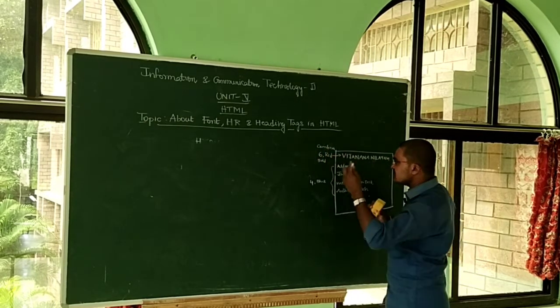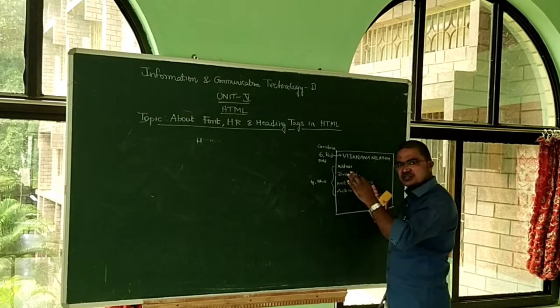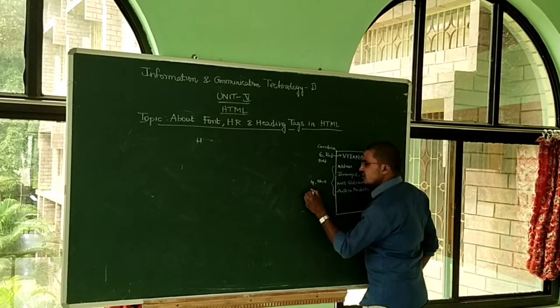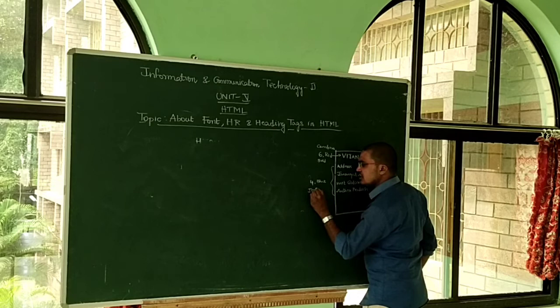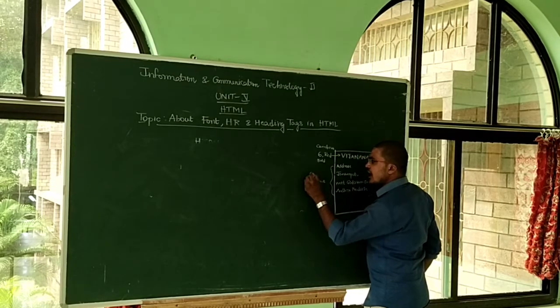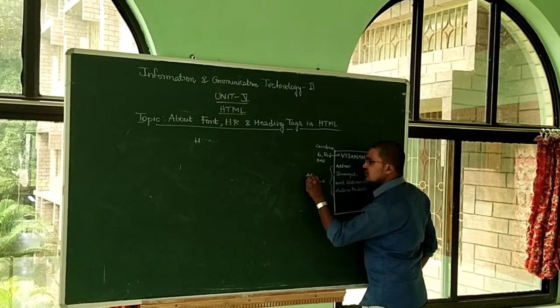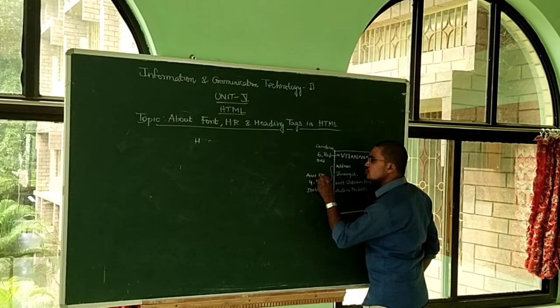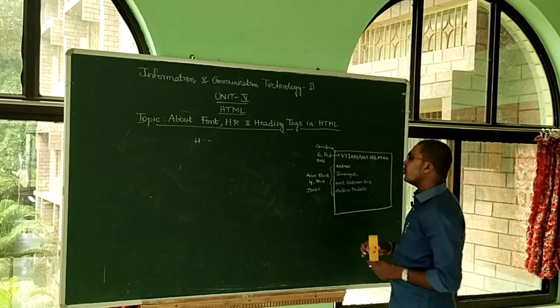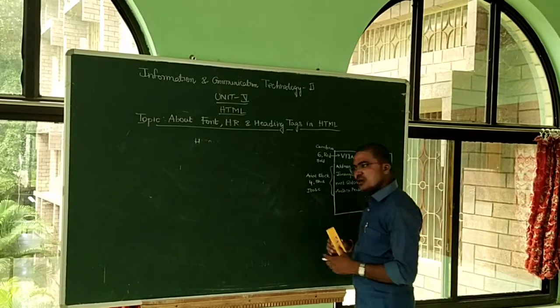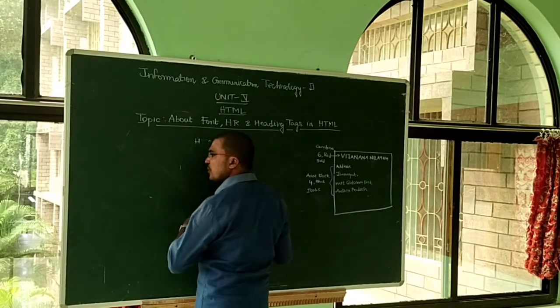Okay, the text face will change, and this text appears in italic format, and the font family I want to show in Arial Black. These all are the properties to apply to the text. Let us see how to apply these properties to the text.